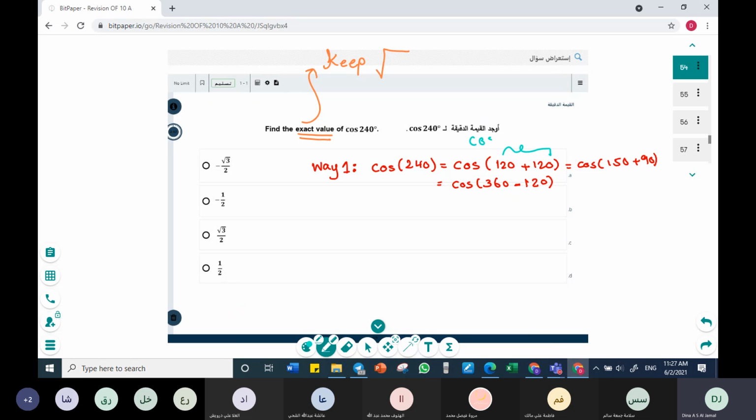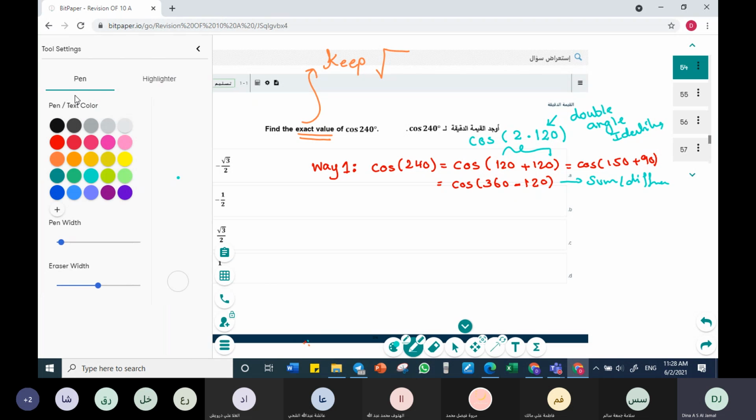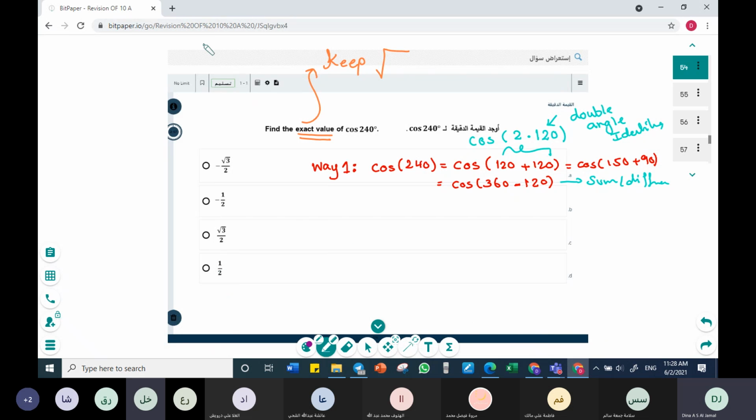That means this can be written as 2 multiplied by 120, and it can be solved by the double angle identities. The rest are sum and difference. So let's use the last one, since it is the nearest.